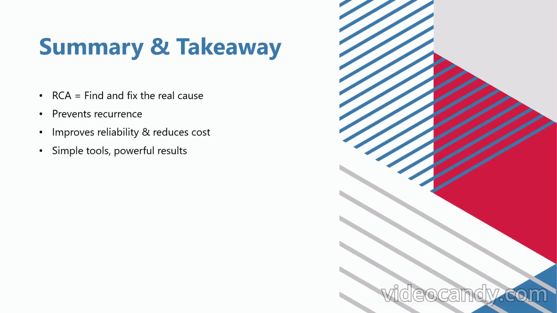These are simple tools that will get you powerful results. To wrap up, RCA helps you find the true cause of a problem instead of treating symptoms. It prevents repeat failures, improves reliability, and saves cost. With simple tools and a structured approach, you can turn every failure into a chance to improve.